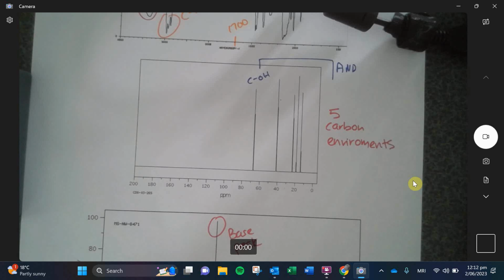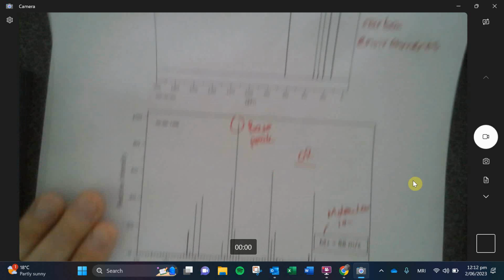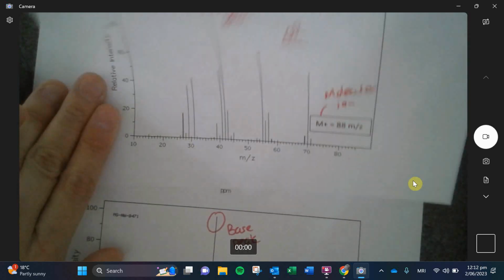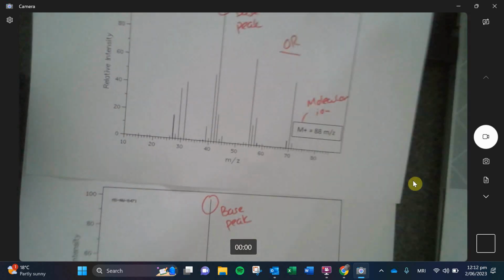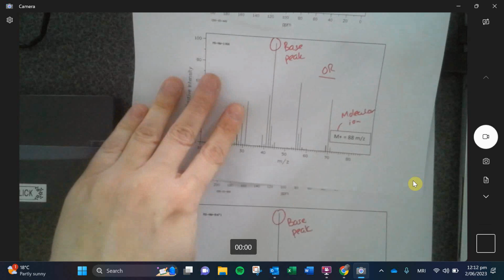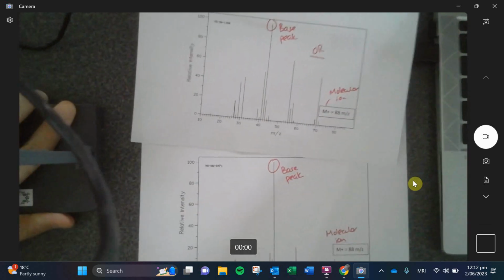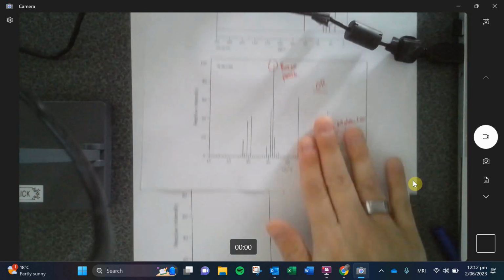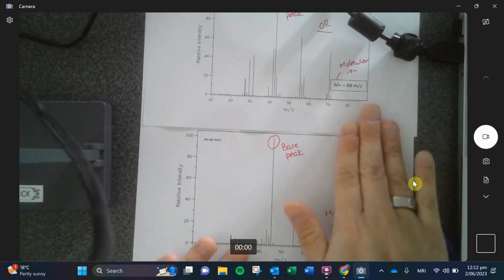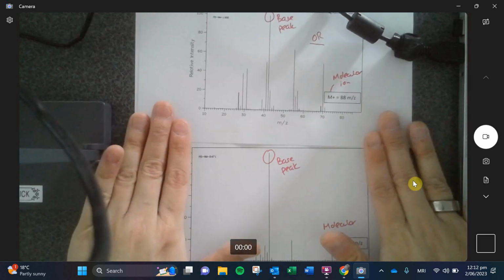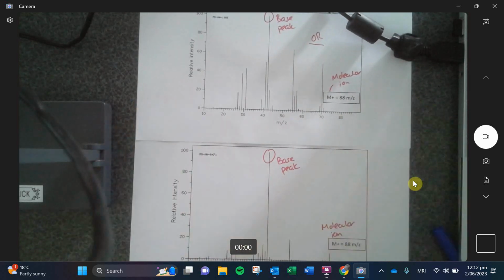The other thing to look at, which is going to be more accurate, is your mass spec. I just want to point out some things. I'm going to zoom out so we can see both of them at the same time. What we'll notice is that the mass spec for these 2 molecules do not look the same, because since they are different molecules, they fragment in different patterns.